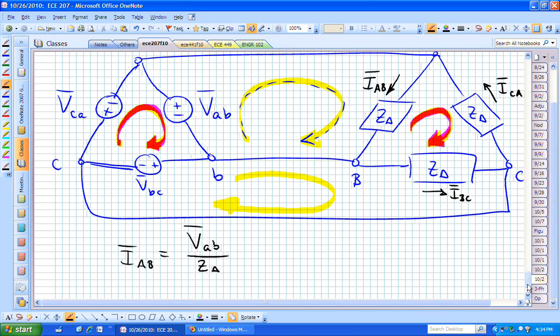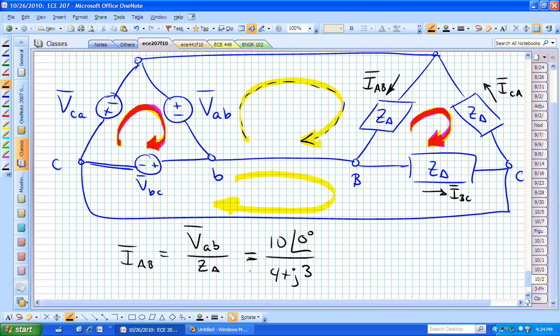What if I just made some assumptions? Suppose that V sub AB I said was 10 at 0 degrees, and suppose somebody told me that Z delta was 4 plus j3. And now you need to find the value for I sub AB.